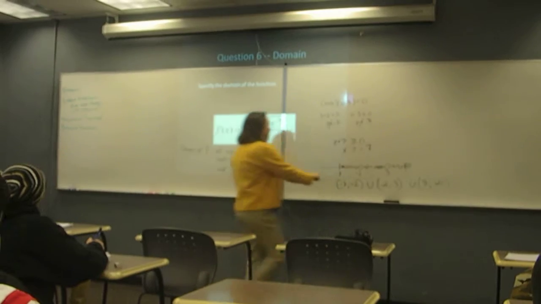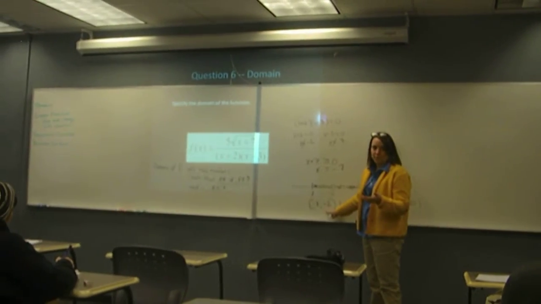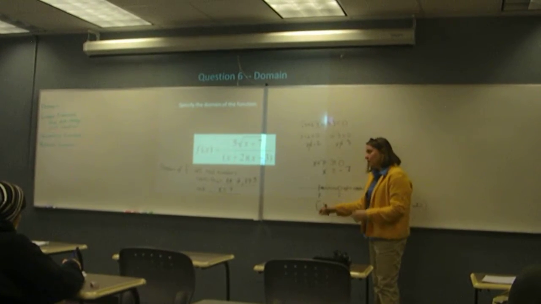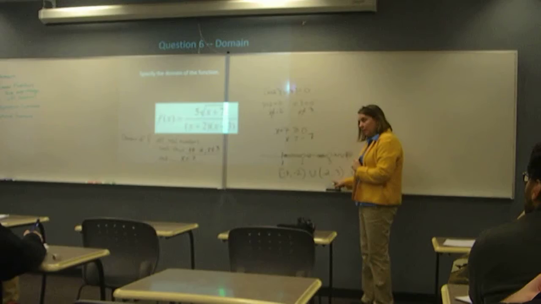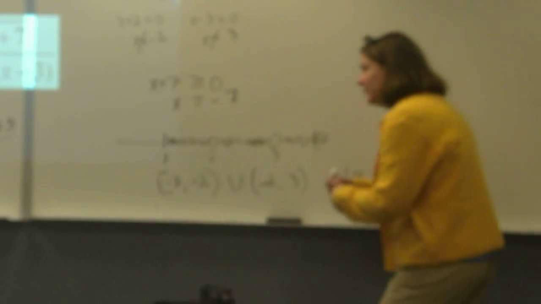Yeah, it would. So the question is, could we write these intervals with greater than or equal to symbols? Yeah. We would have a double inequality here, or this double inequality, or this inequality.